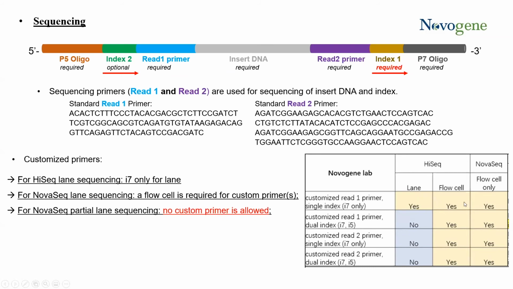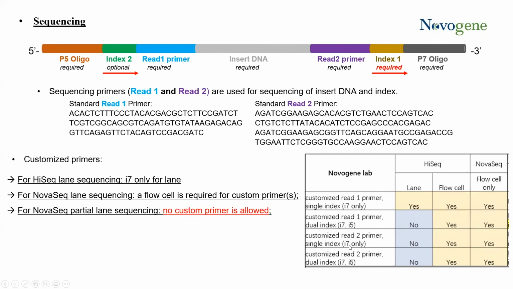If you purchase per flow cell, we can accommodate almost any request, given that the indices' lengths are limited to 8 or 6 base pairs, and that is, again, a limitation on the HiSeq workflow itself. We can accommodate other primer and index changes for the HiSeq, but that is also only on a flow cell basis.